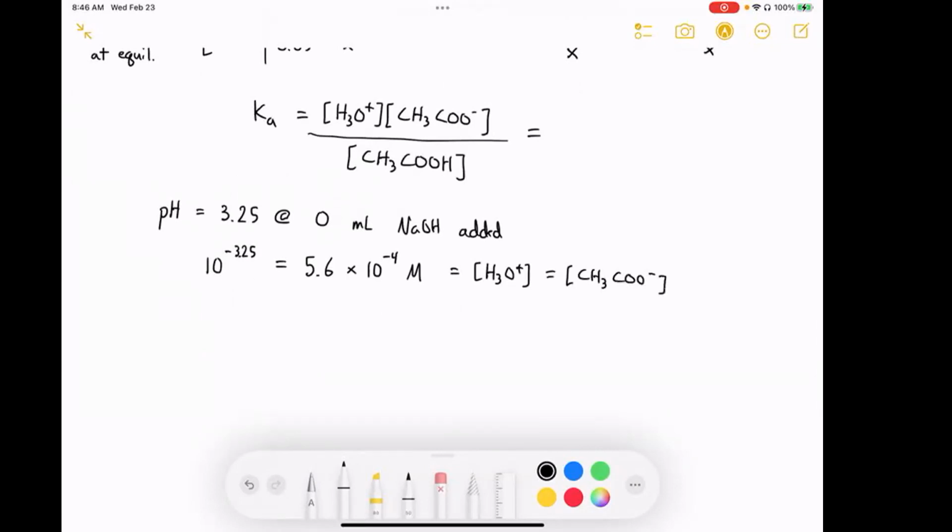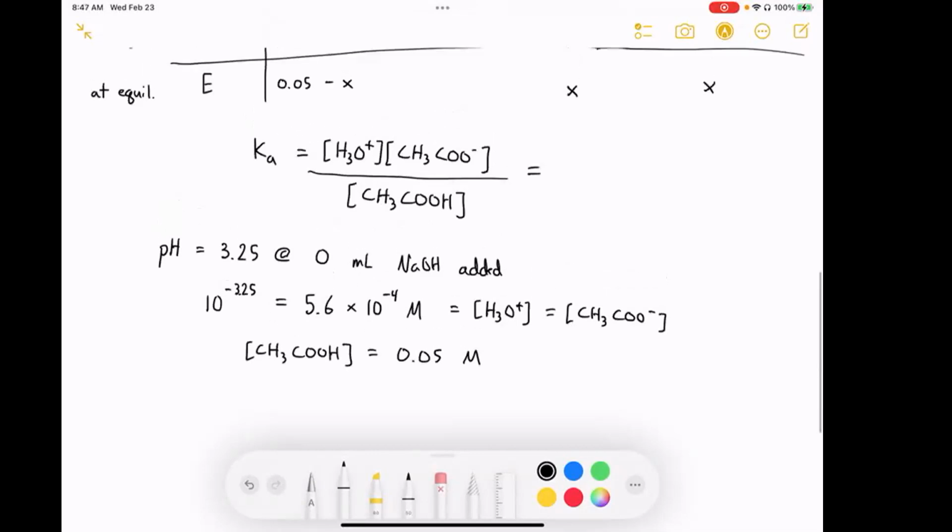And we know that from our solution we made, the concentration of acetic acid is going to be around 0.05 molar. So that's before the titration. So we know the concentration there. Okay.